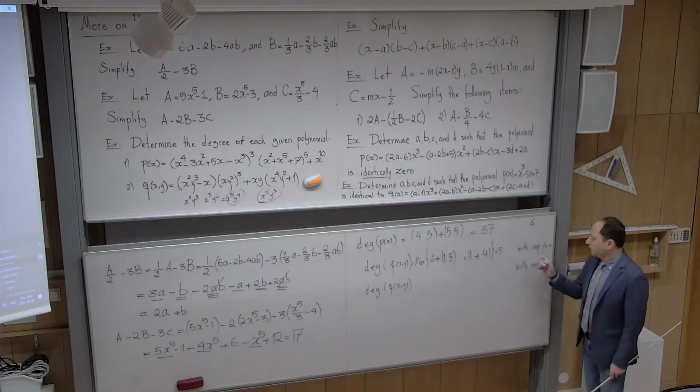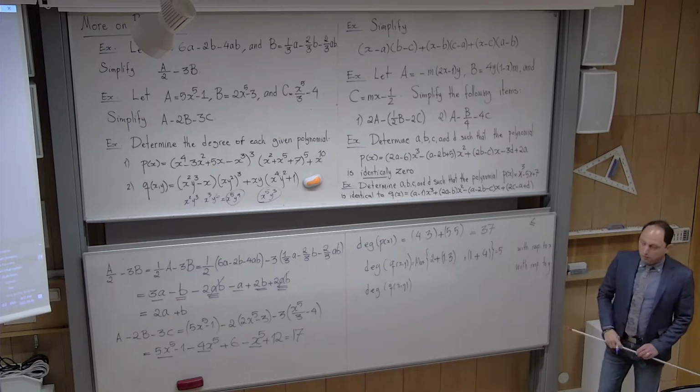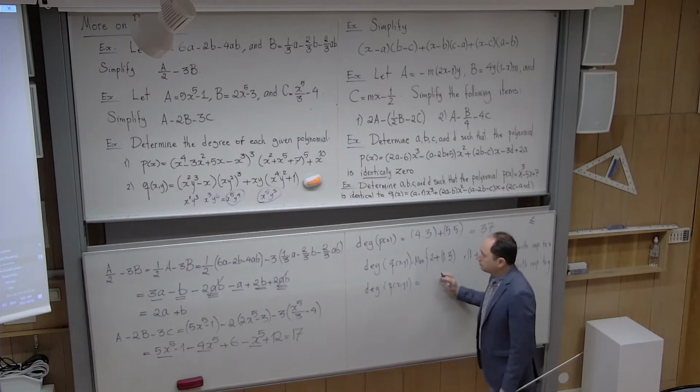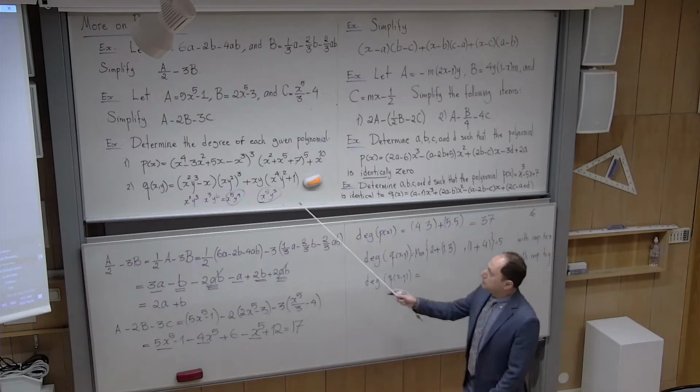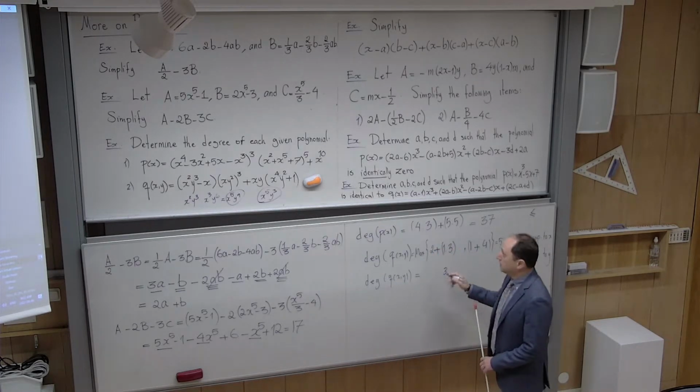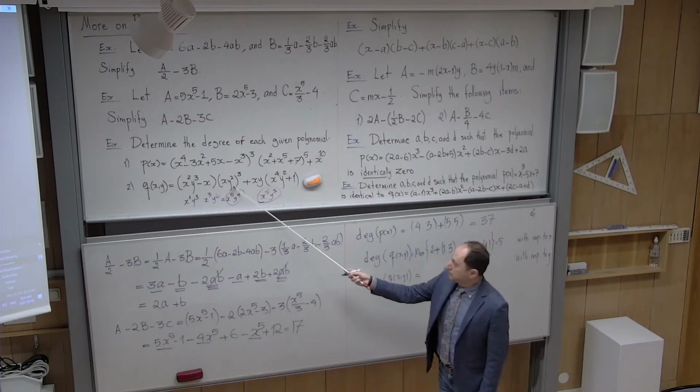This is the degree with respect to x. But let me ask you, what is the degree with respect to y? Okay, can you answer me? The degree with respect to y here is how much? Is 3. The degree of y, the degree of this one with respect to y is 2 times 3.